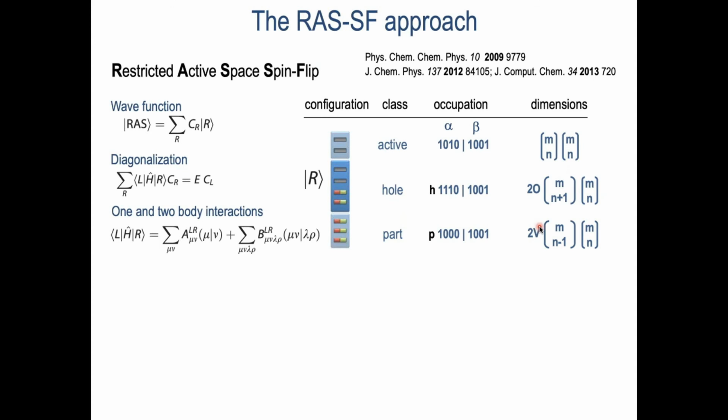So then, like other CI methods, we have to diagonalize our CI Hamiltonian, and of course, because of the size of these vectors, we do that iteratively, and the interaction terms contain 1 and 2 electron integrals.